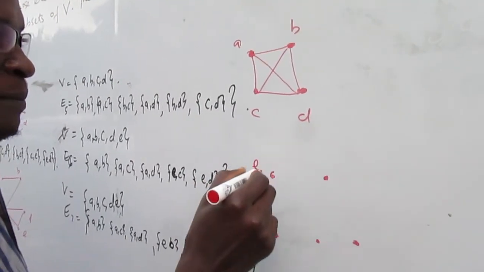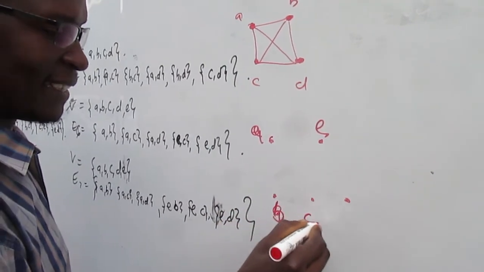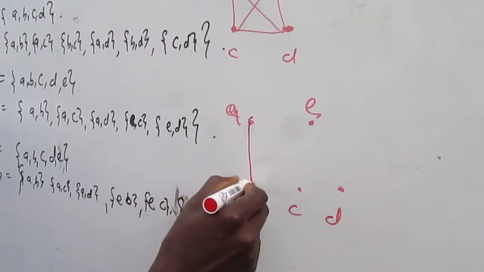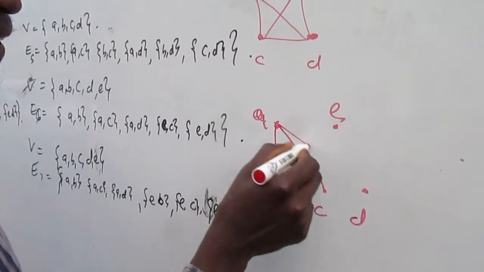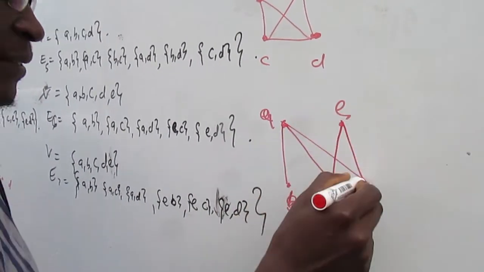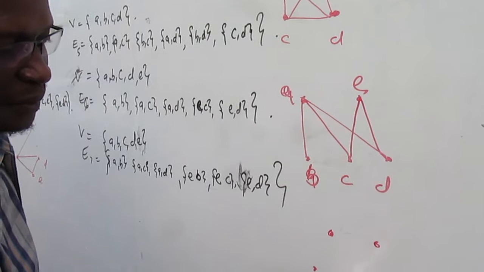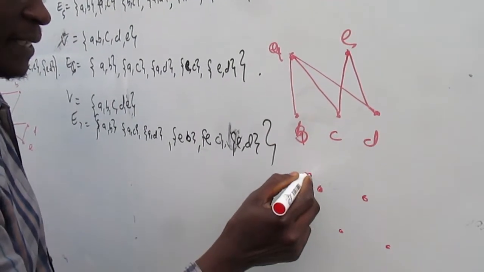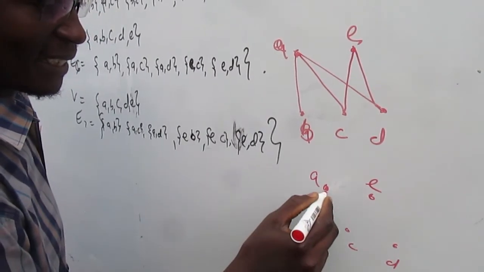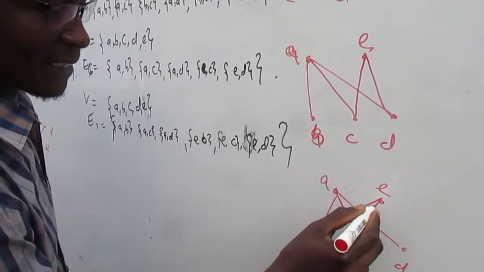I'll put A here and E here, and then B, C, D. There's an edge connecting A and B, A and C, A and D, and then we also have E connected to C and E connected to D. And then finally, for this last graph, we have A and E, B, C, D, and we have the following as the edges.